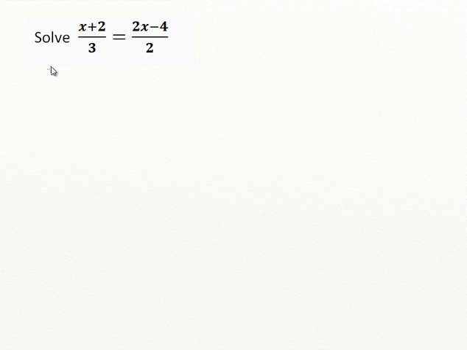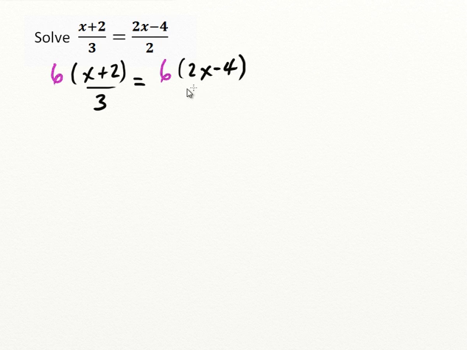So I'm going to multiply the left side, x plus 2 over 3, by 6, and I'm also going to multiply the right side by 6. So I'll take my 6 and multiply the 2x minus 4 all over 2 times 6.